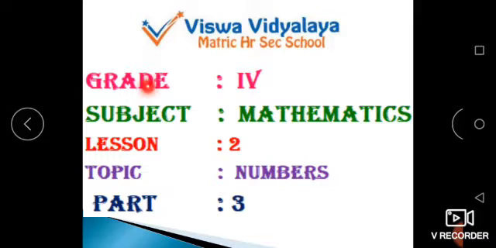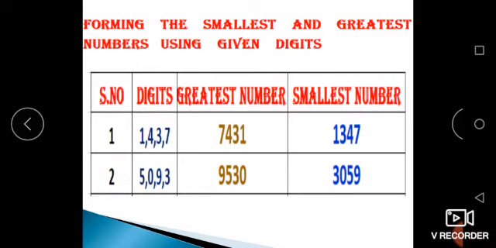Okay, grade 4, subject mathematics, lesson 2, topic numbers, part 3. Forming the smallest and greatest numbers using given digits.